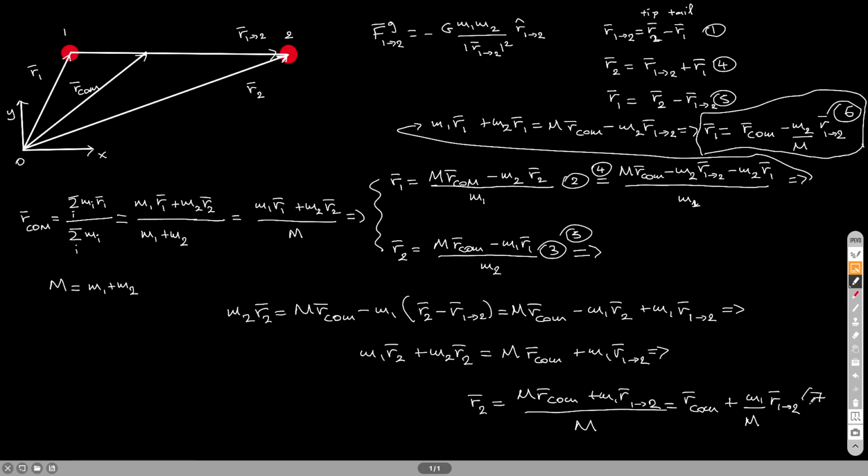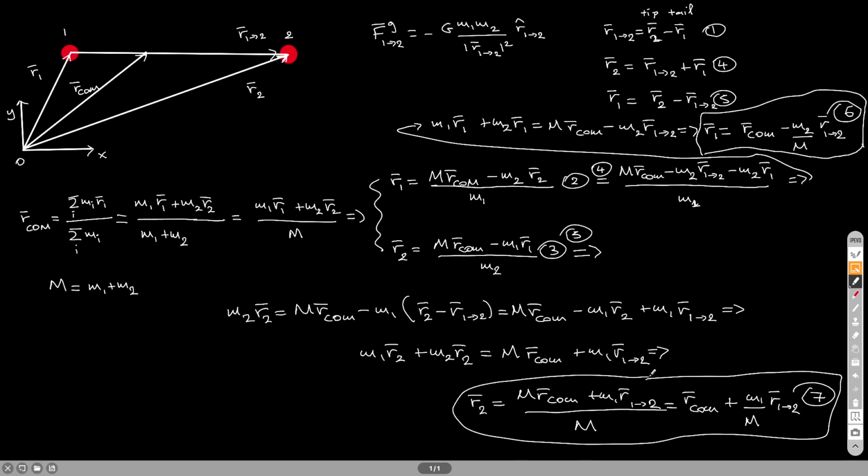This is equation 7, and I will be keeping this because I'll be using it in the near future.